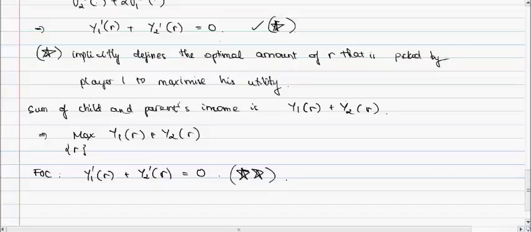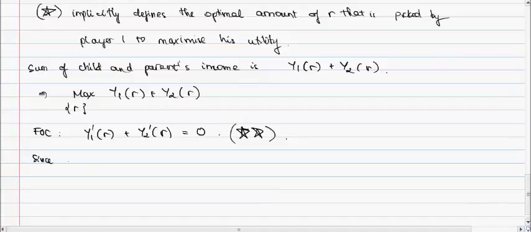So what we did over here shows that the amount of r that the child is going to pick to maximize his utility is the same as the amount of r that he is going to choose if he was to maximize the income of the parent and of himself.